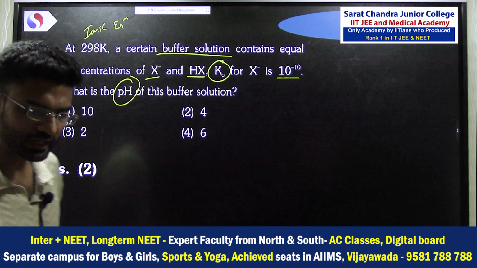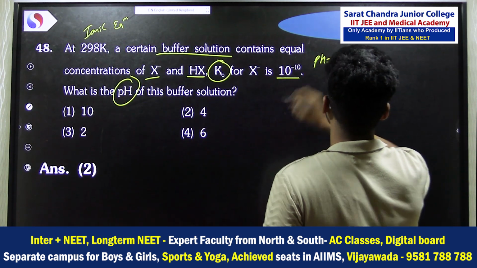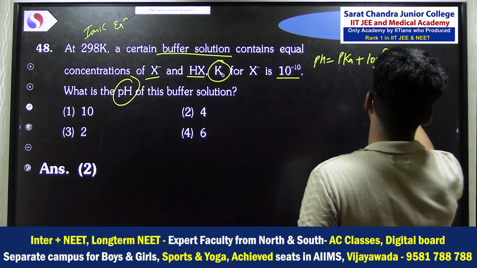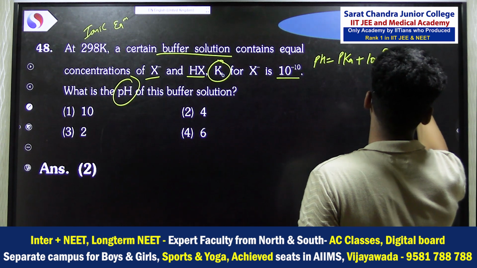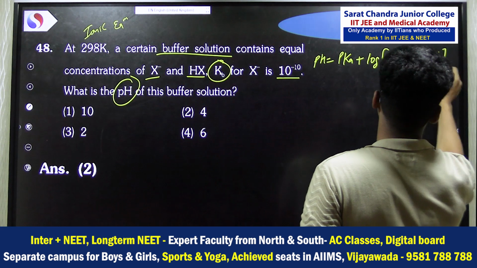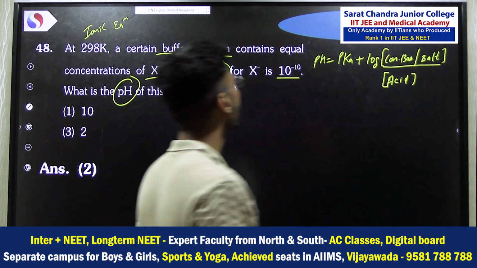Again it is a direct formula based question. How to calculate the pH of a buffer solution? pH will be equal to pKa plus log of concentration of conjugate base or salt divided by concentration of acid.